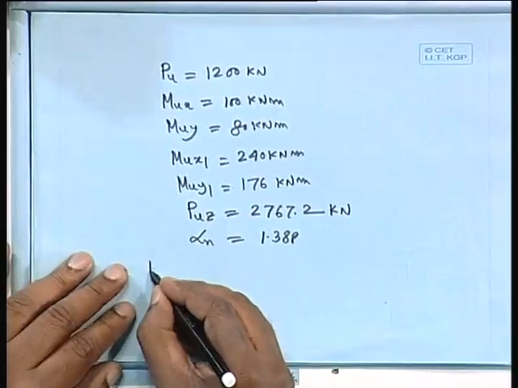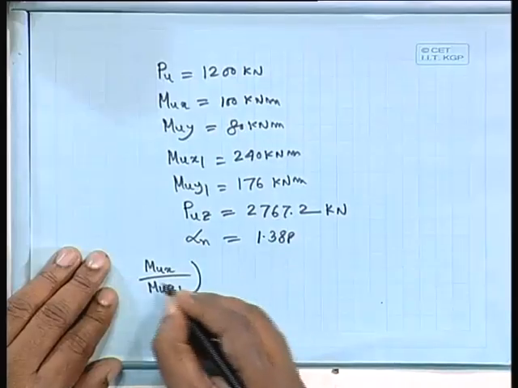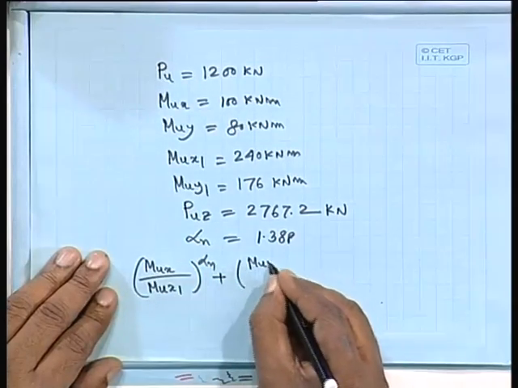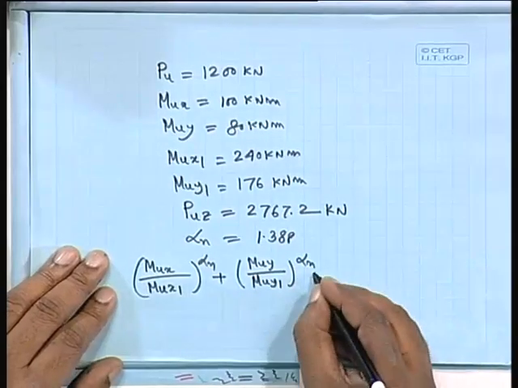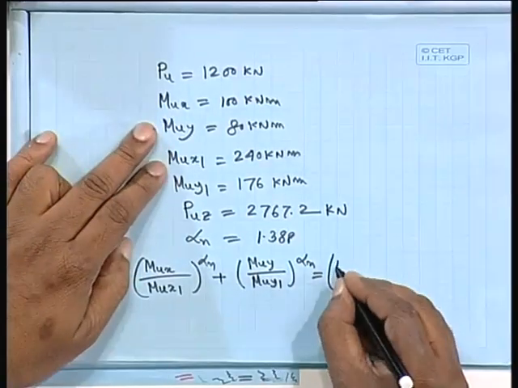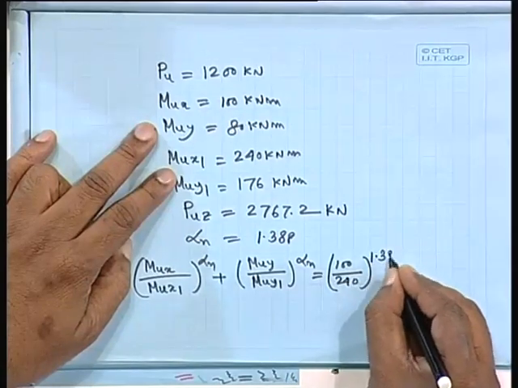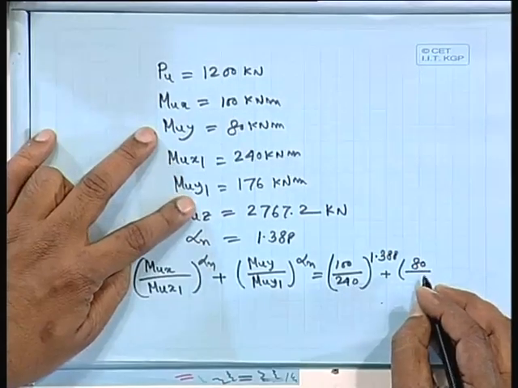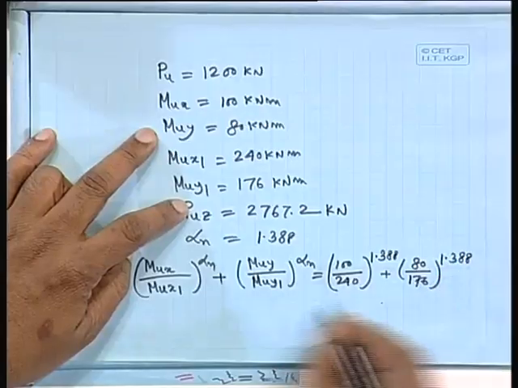So Mux by Mux1 to the power alpha n plus Muy by Muy1 to the power alpha n equals 100 divided by 240 to the power 1.388 plus 80 by 176 to the power 1.388.